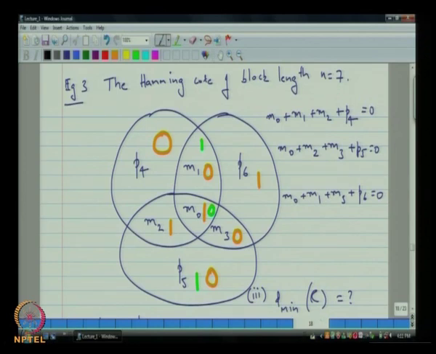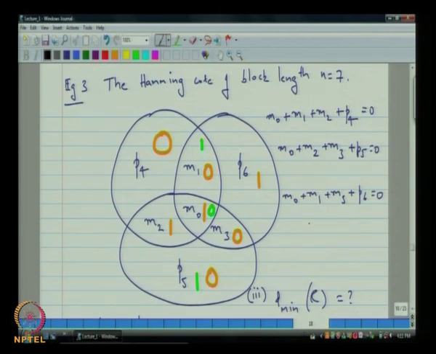Then the Hamming code is defined a little bit differently. I explained it in terms of these 3 circles, and I said the way it is defined is by introducing certain message symbols M0, M1, M2 and M3, and then filling in the corresponding parity, and that gives rise to these equations.